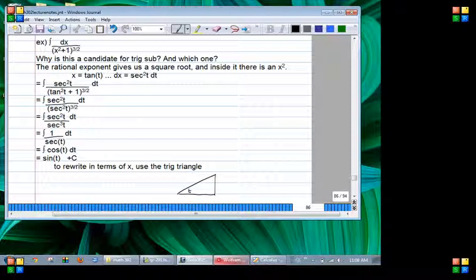So tan t is by definition what? Opposite over adjacent. So the opposite side is x, and the adjacent side is 1. Which makes the hypotenuse the square root of x squared plus 1. And we must have done something right because that's the radical from the original integral.